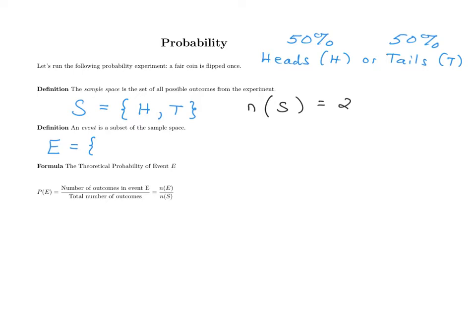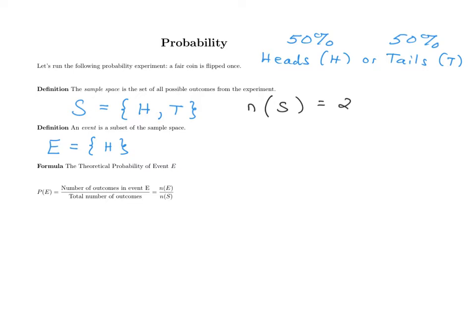And I'll take just one. In fact, I'll say heads. And I'll close it on the other side. And here's a set. It only contains one thing. You would read this as the event that you get a heads in this experiment. So a subset is just some collection of the things that appear in here. It could be all of them, but it can be less than that too.